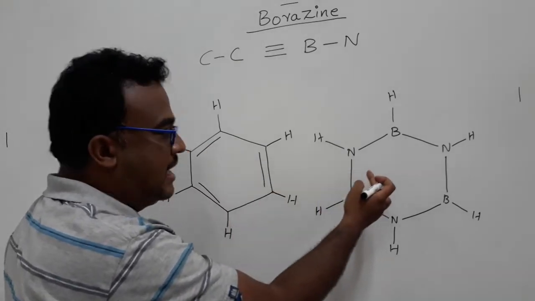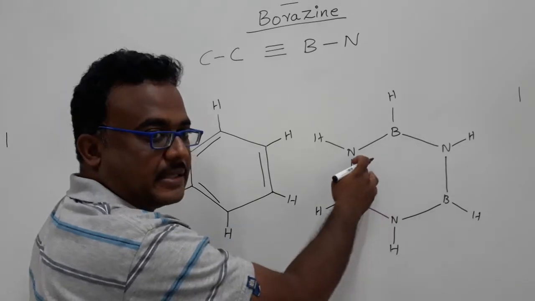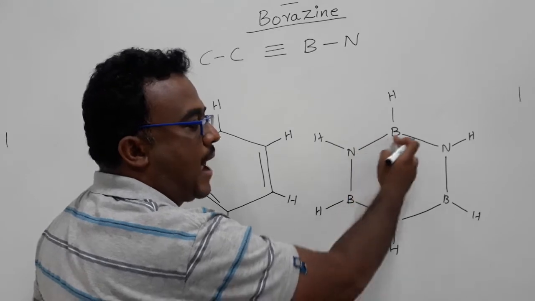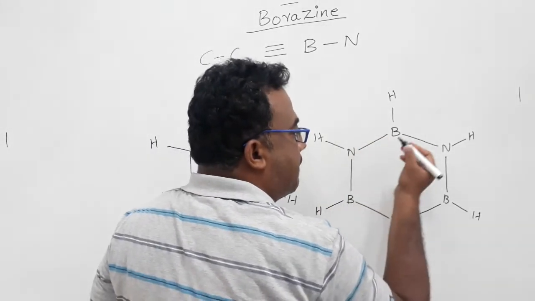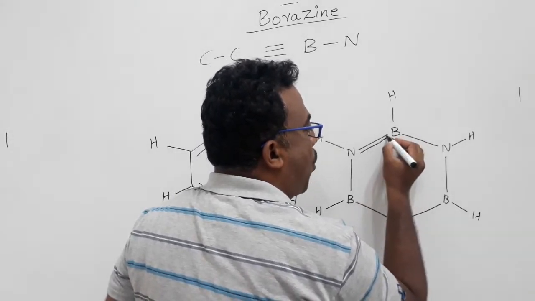But when we come here, there are 2 different heteroatoms, boron and nitrogen. Because of the electronegativity difference between these 2 atoms, instead of drawing the double bond, most appropriately we can draw a coordinate covalent bond.